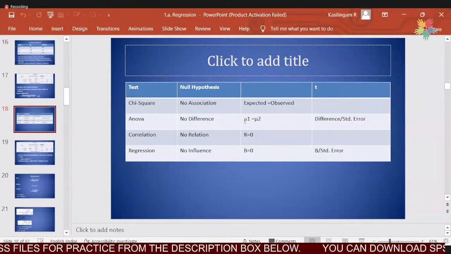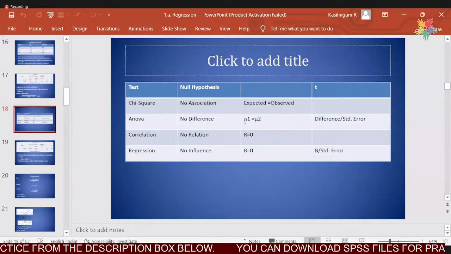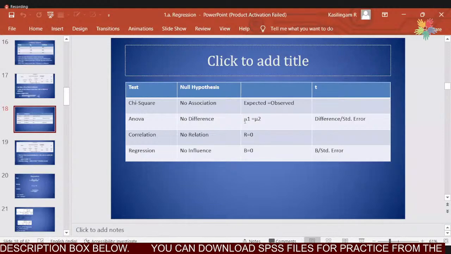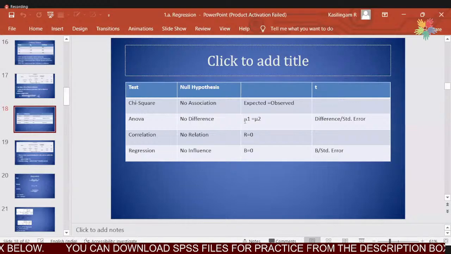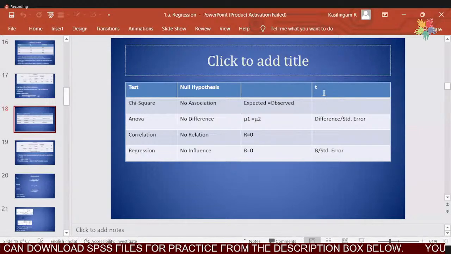So x is not influencing; the increase in x has no effect. That is why beta is 0. Beta divided by standard error is the t value.